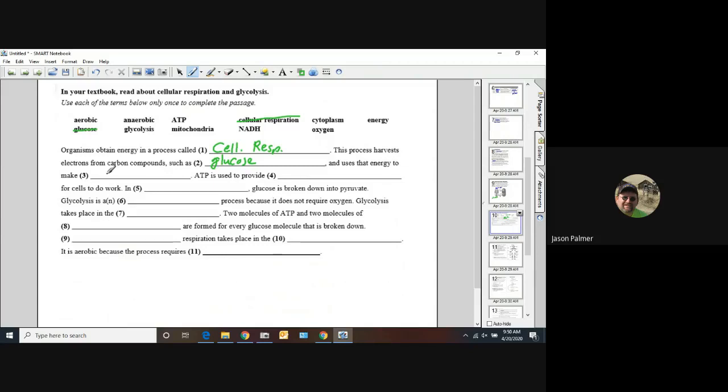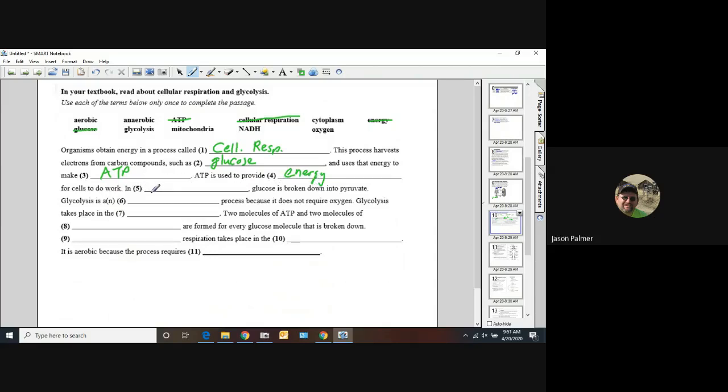And uses that energy to make ATP. ATP is used to provide energy for cells to work in blank.